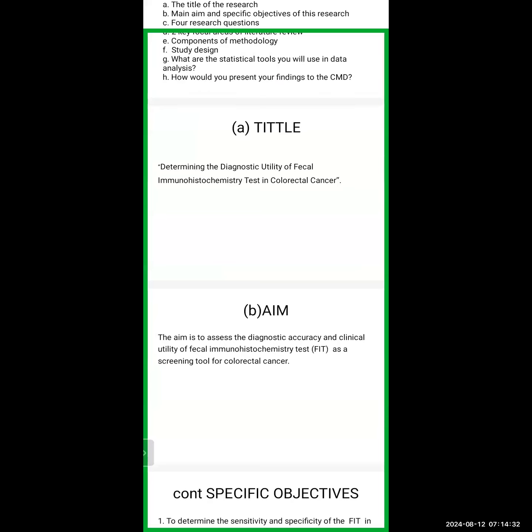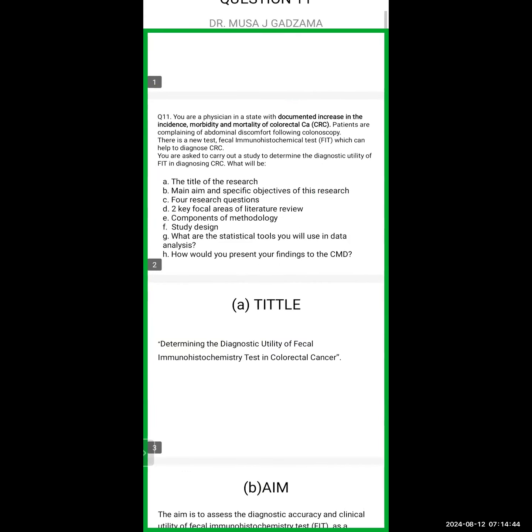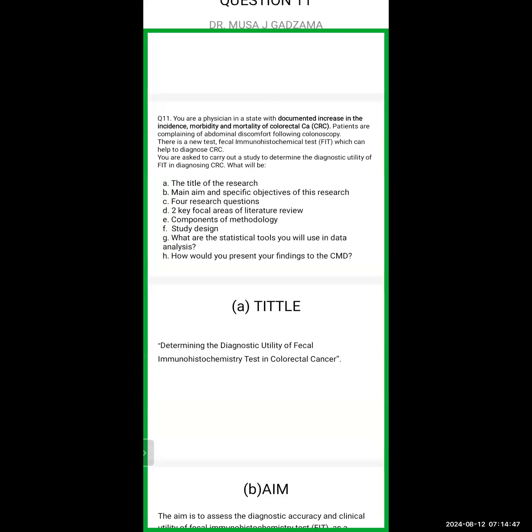I'm a bit confused at this juncture. Should it be diagnostic or clinical utility? Determine the clinical utility of fecal immunochemical tests in colorectal cancer.